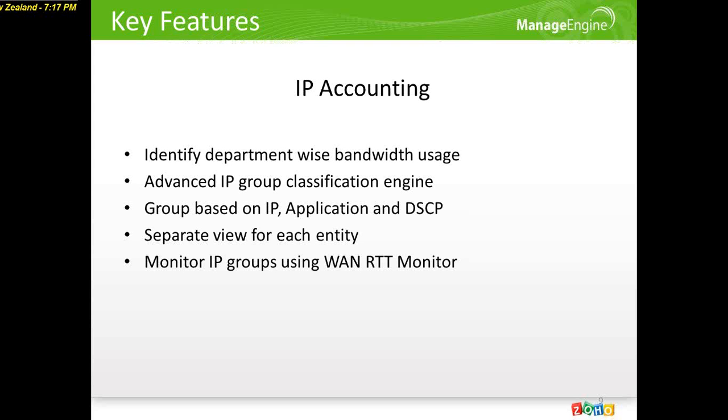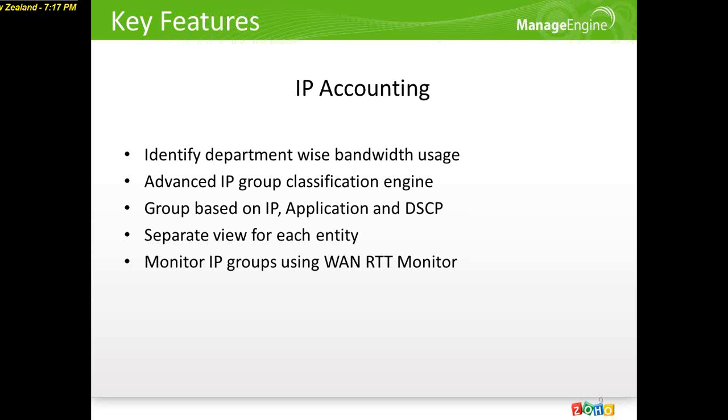And if a customer is a service provider or is working on a client service basis and providing an internet connection to the clients on a single pipe, what he can do is group each client's IP network in separate IP groups and bill them based on their bandwidth usage.